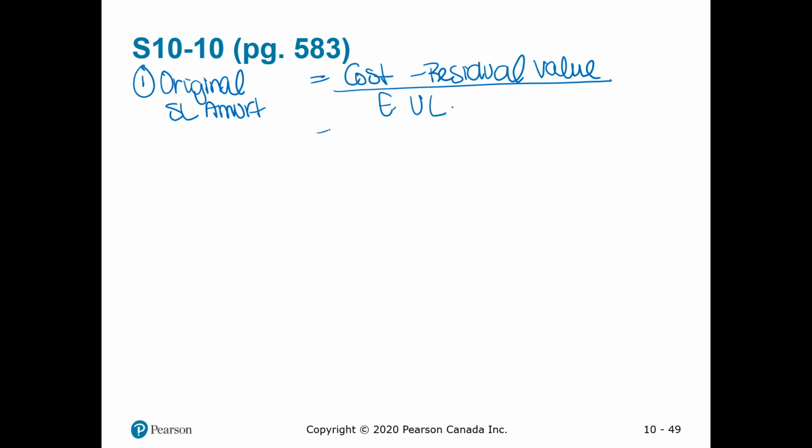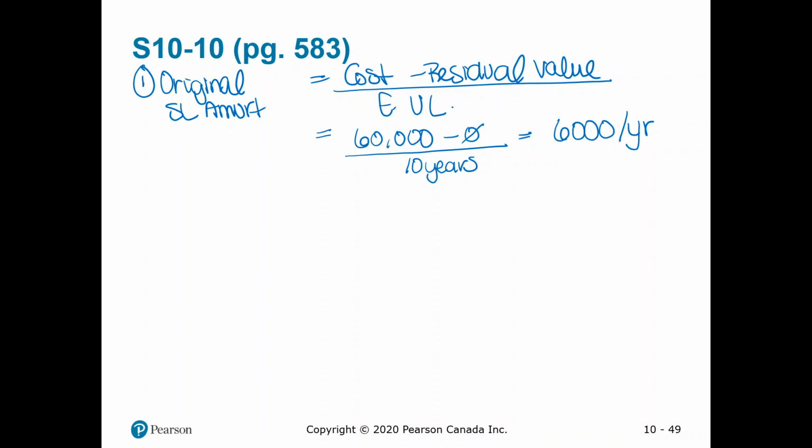And this is what we originally thought. So the cost, that was $60,000. Residual value was estimated at 0, and we thought it was going to last 10 years. So if we do the math, that was $6,000 per year based on that original. So each year we would have booked amortization of $6,000.